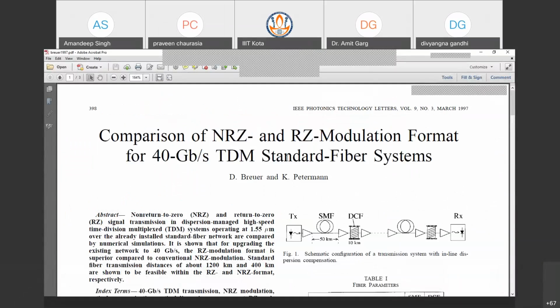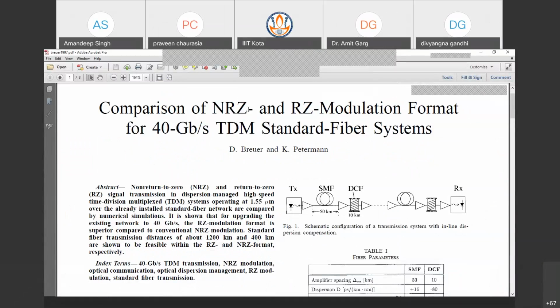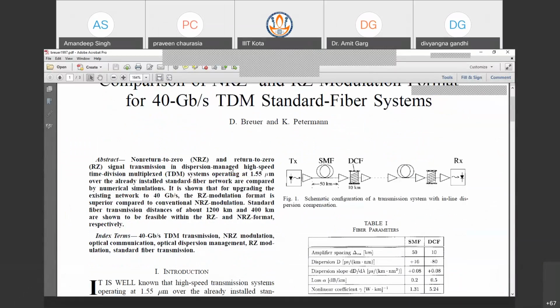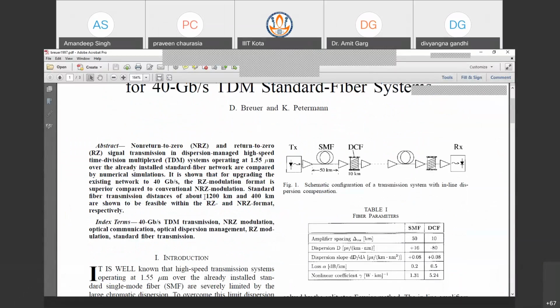So this is the paper of IEEE Photonics Technology Letters, Volume 9, Number 3, March 1997. Comparison of NRZ and RZ modulation format for 40 Gb per second TDM, time division multiplexing, standard fiber system. So in this case, they have used the range or the distance, you can say 1200 kilometers and 400 kilometers.